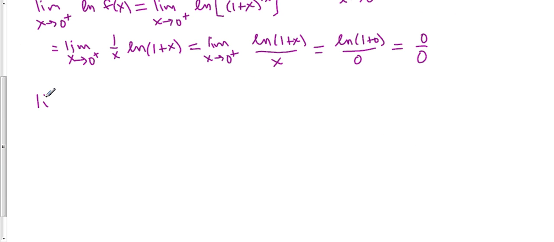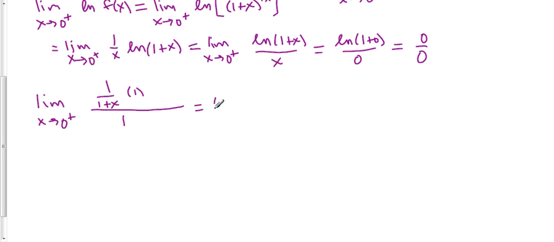So I'm going to come down here so I have plenty of room to apply L'Hopital's rule. I'm going to take the derivative of the numerator, the natural log. To take the derivative, I take 1 over whatever I'm taking the natural log of, and I multiply it by the derivative of what's inside, which in this case is just 1. And if I take the derivative of x, I'm going to get 1.